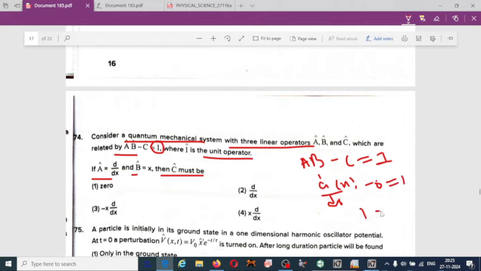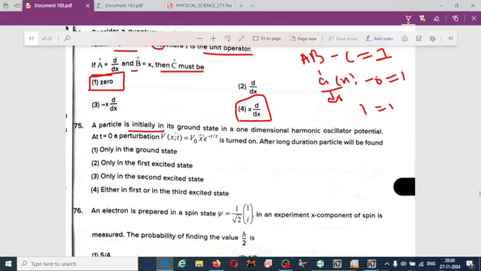We can get 1 equal to 1, but in the answer key they have given option 4. So as I have solved this one, if we substitute the value of C equal to 0, then we can get the identity matrix.